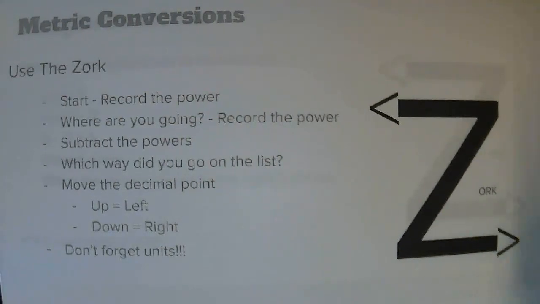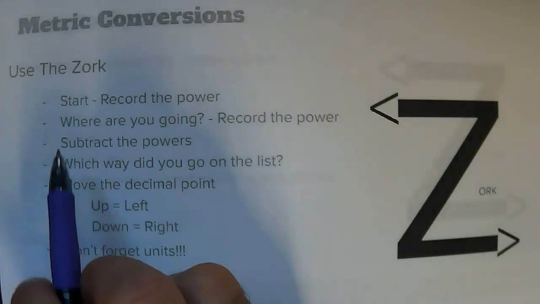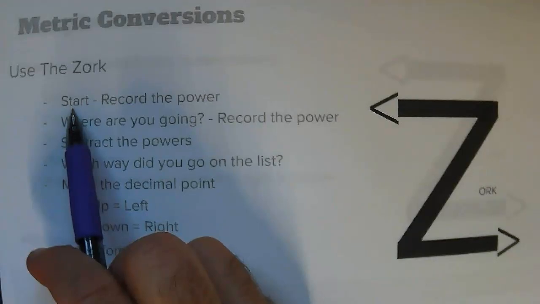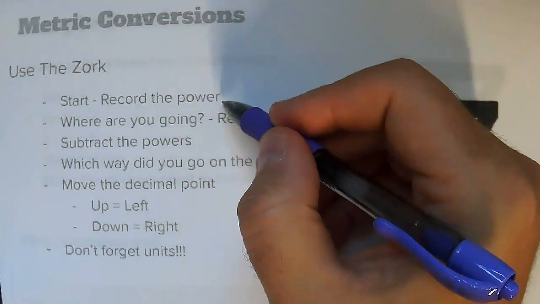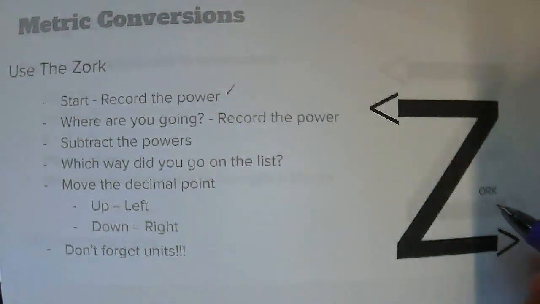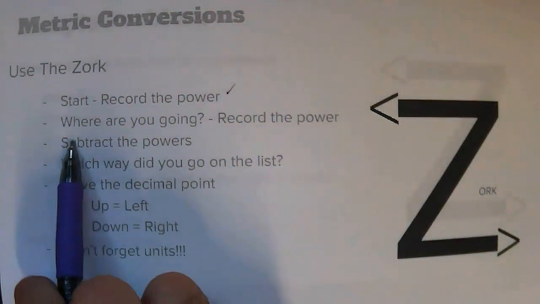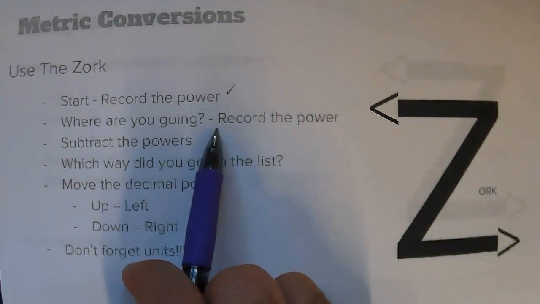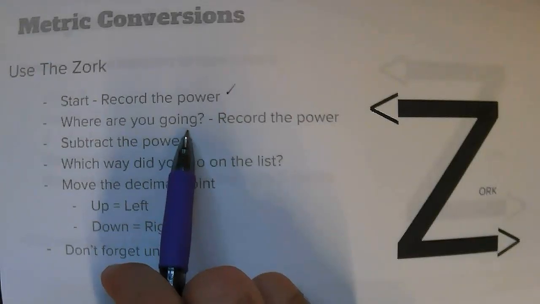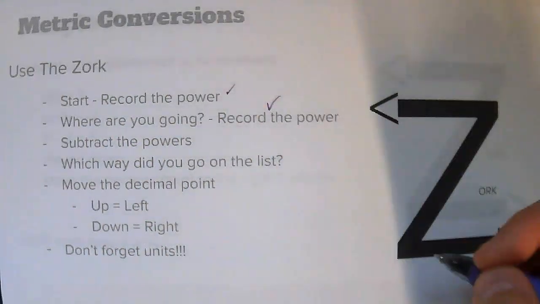Here are our steps for using the Zork to convert. We're going to find the starting value with the unit, and we're going to record the power of the unit. Then we're going to decide where we're going, what the unit of the answer is, and record that power.